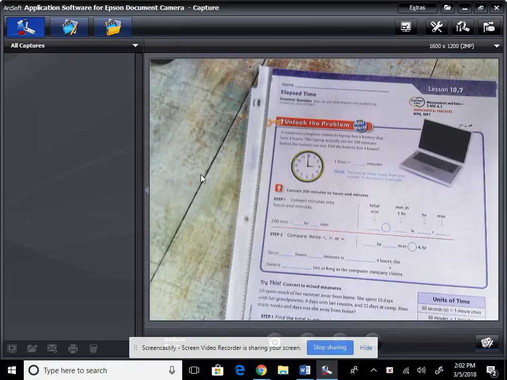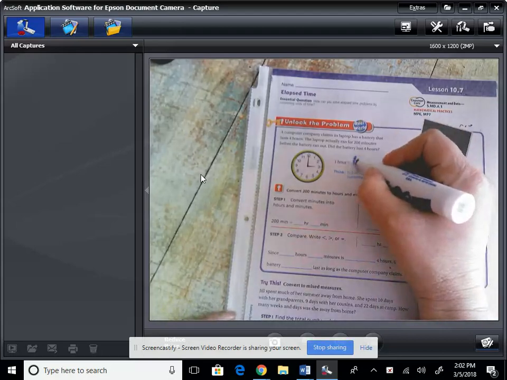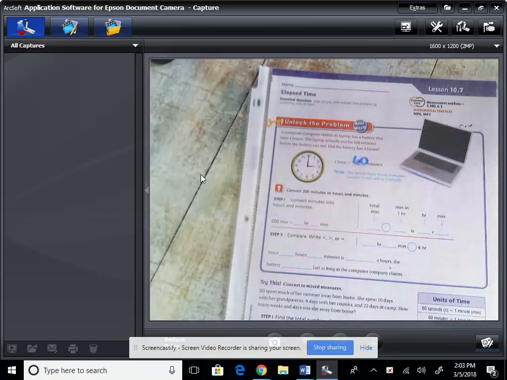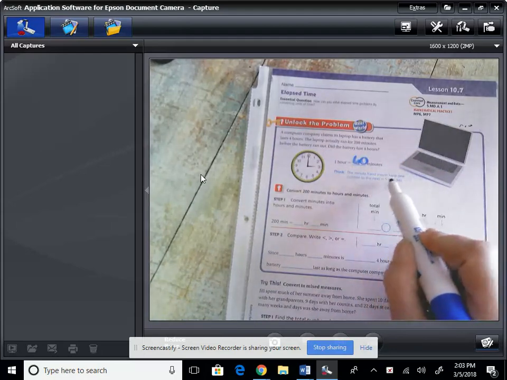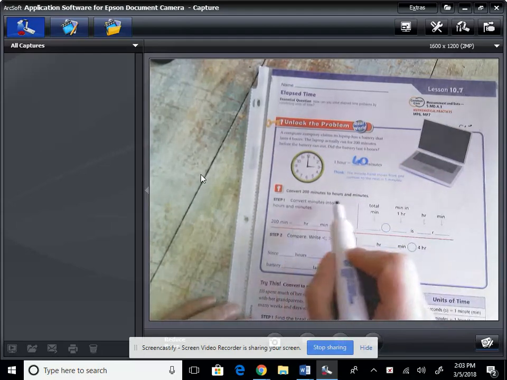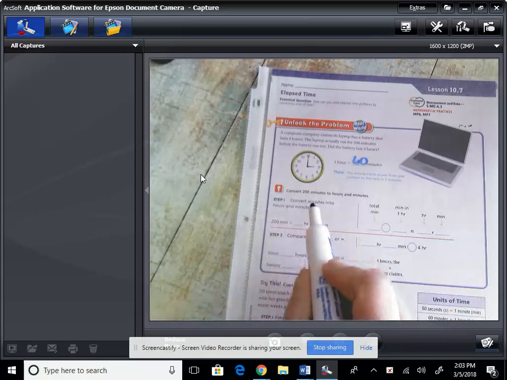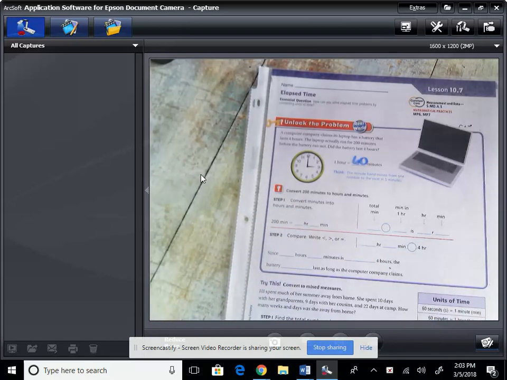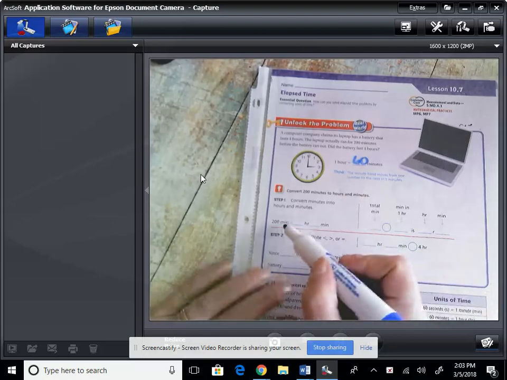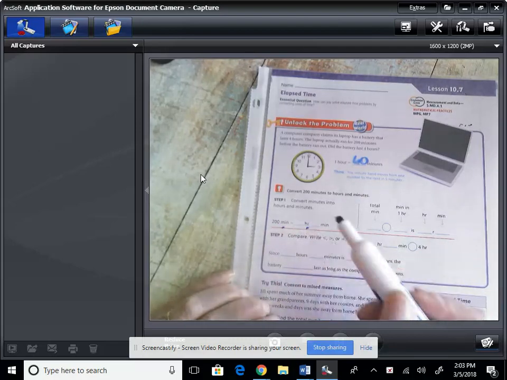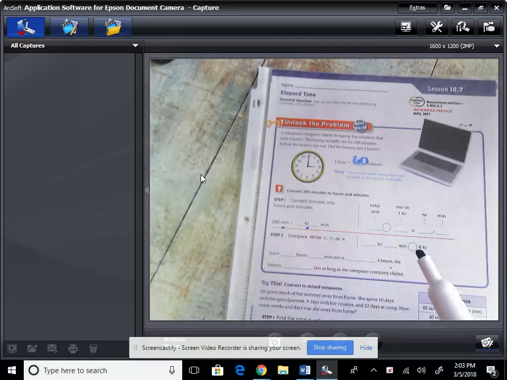Okay, so first I have to know in 1 hour there are 60 minutes. The minute hand moves from one number to the next every 5 minutes. So convert minutes to hours and minutes. We might have some left over. We are going from smaller to larger, so we're going to divide.